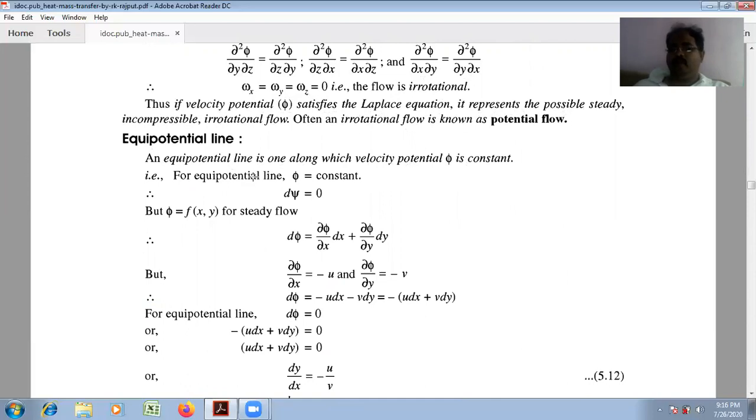For an equipotential line, φ is equal to constant, which means dφ is equal to 0. But φ is a function of x and y for steady flow.